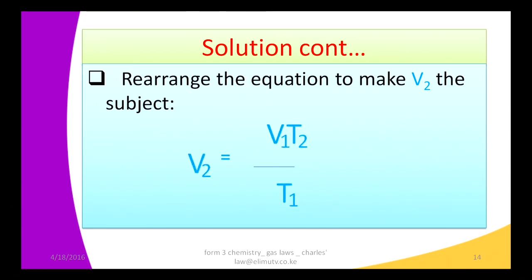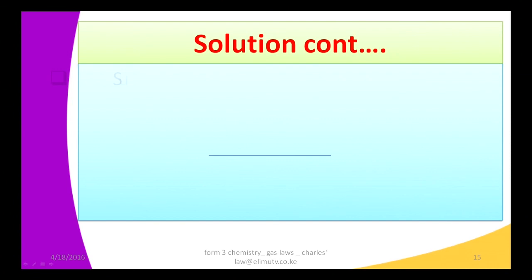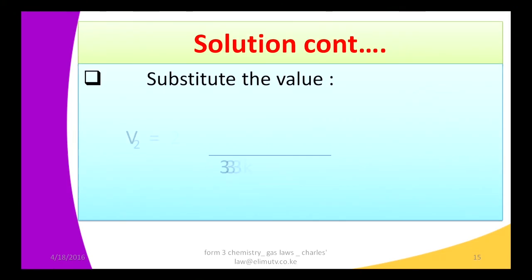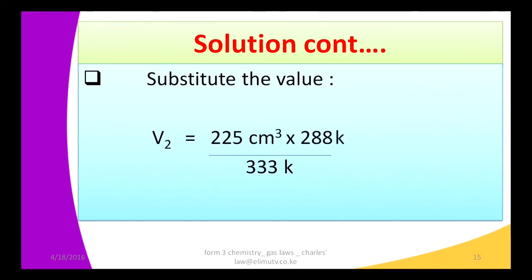We have the formula. Then lastly, we substitute the values into the equation. This is what we have: V2 is equal to 225 centimeters cubed times 288 Kelvin all divided by 333 Kelvin.